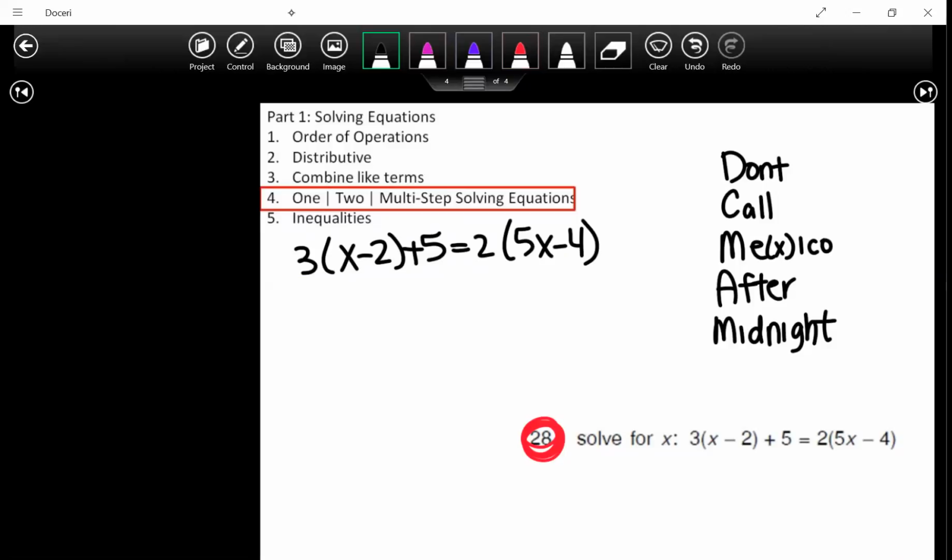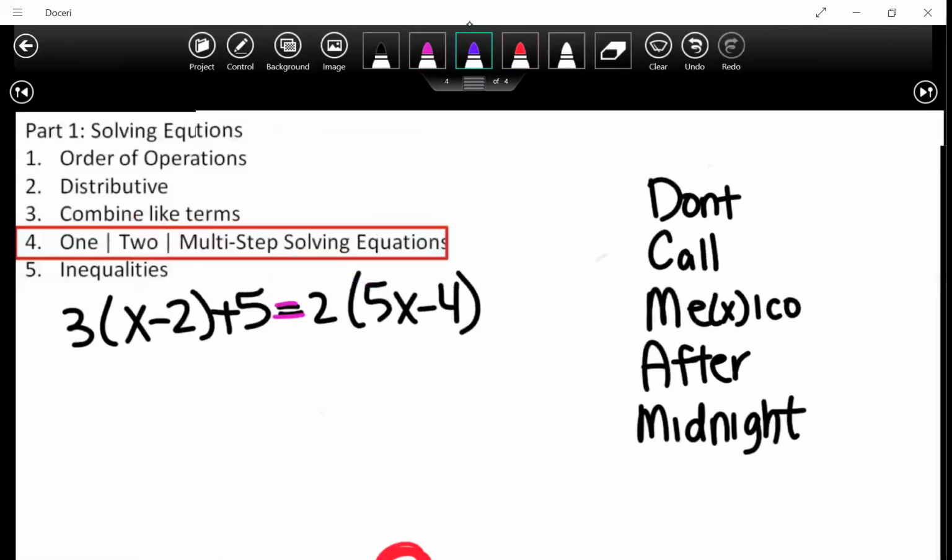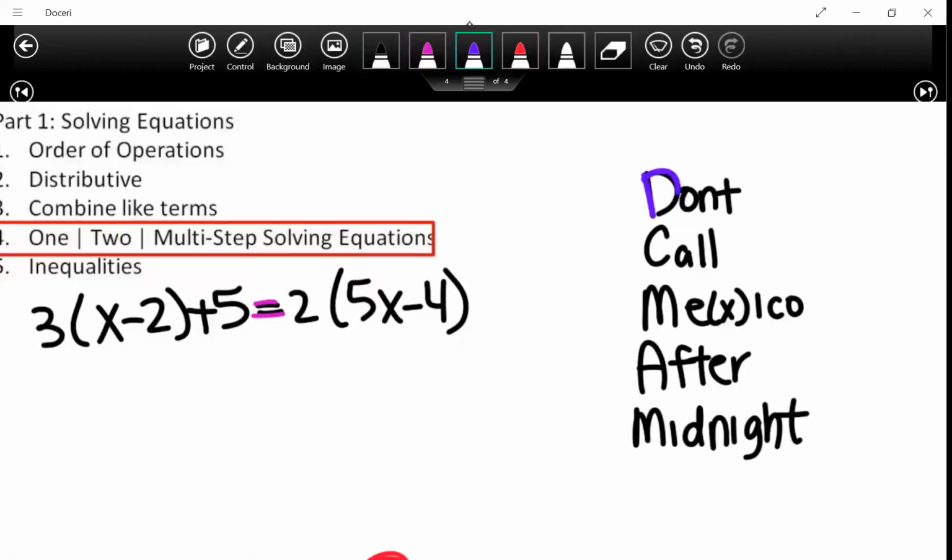Okay, so the first part of this, and we know it's a solving problem because we have our equal sign. Our equal sign tells me it's going to equal a value. So this is where the don't call Mexico after midnight kind of takes place. The first part being don't, which stands for the D right there in the beginning, which is distribute.